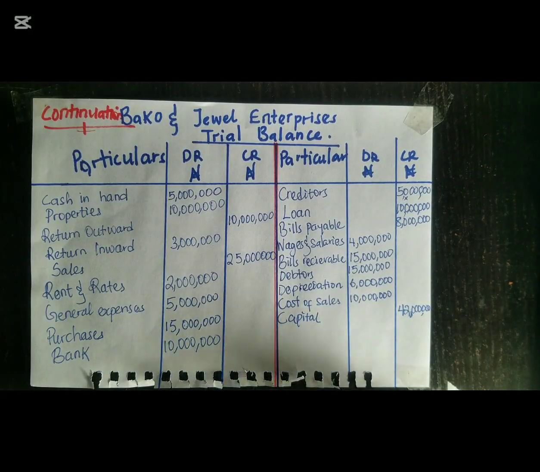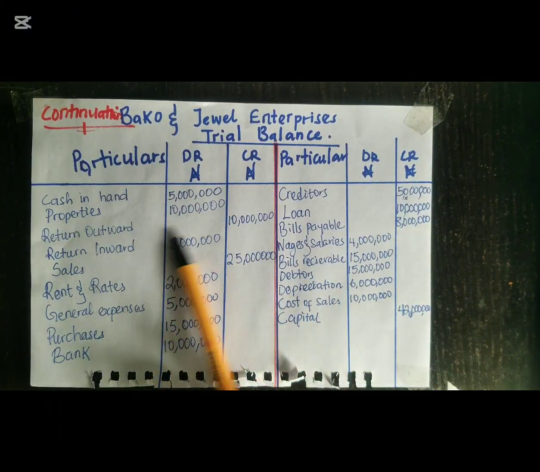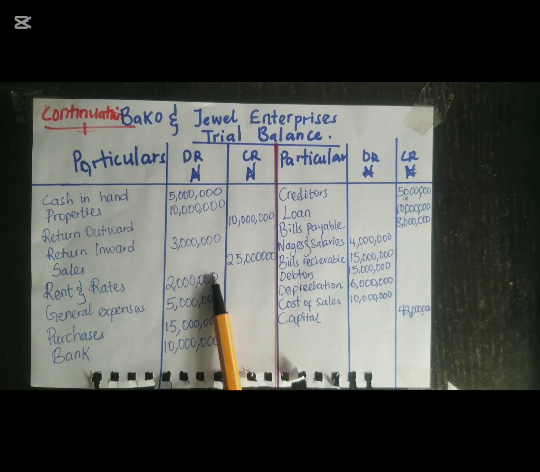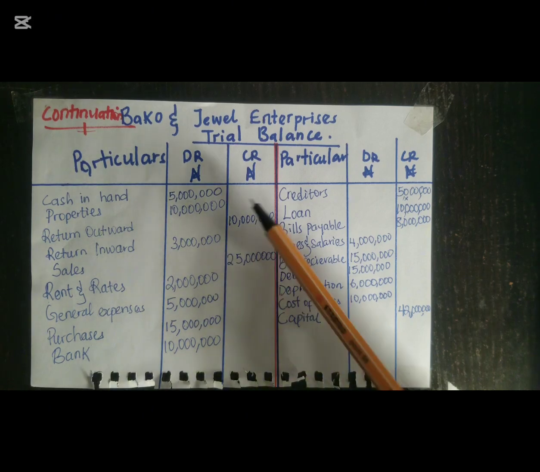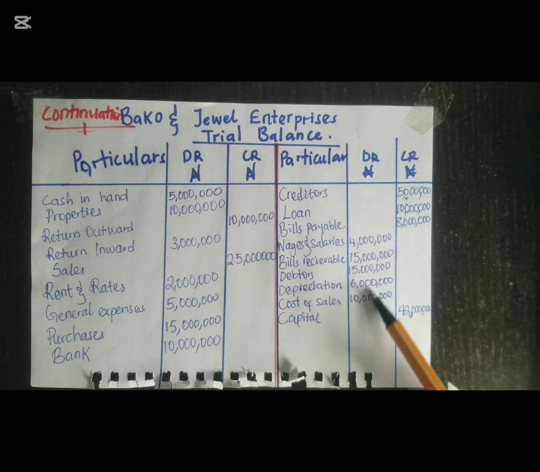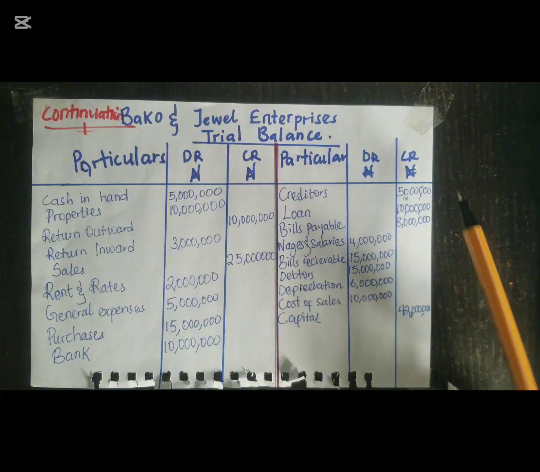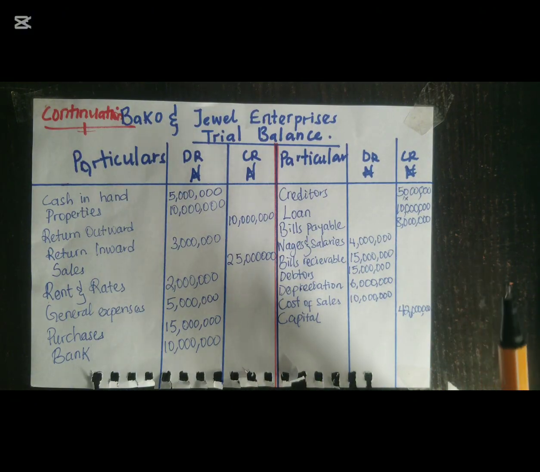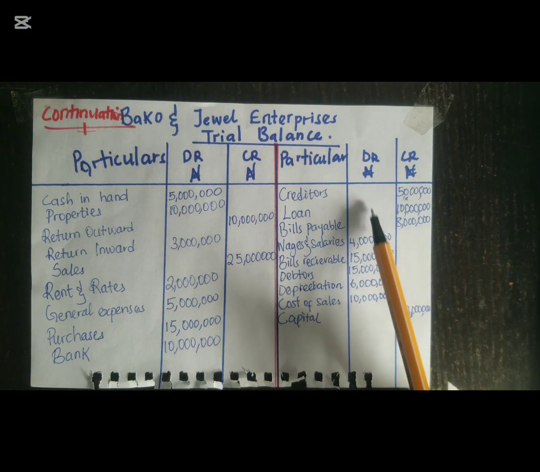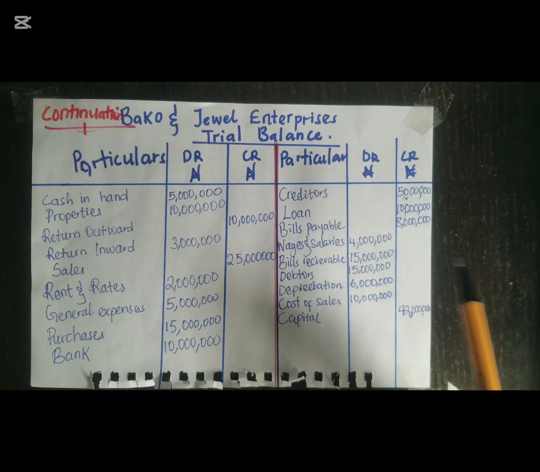So now these are all what we are to prepare. Put the debit on the debit, the credit on the credit. So now what we are going to do next is to calculate all the debit side and calculate all the credit side. Our main goal is to make sure that the debit is equal to the credit side. So that's actually the main idea of trial balance.